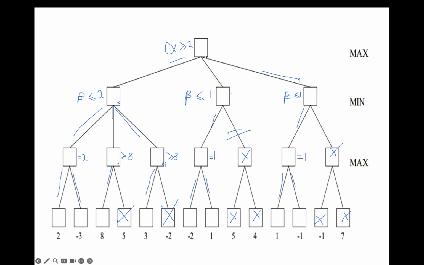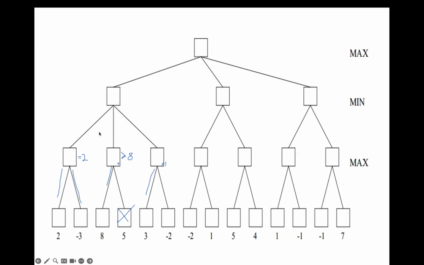What this effectively means is that these will not waste any memory because we'll have cut them off. Let me just clean it up so that we continue. So that is the idea of the alpha beta pruning.